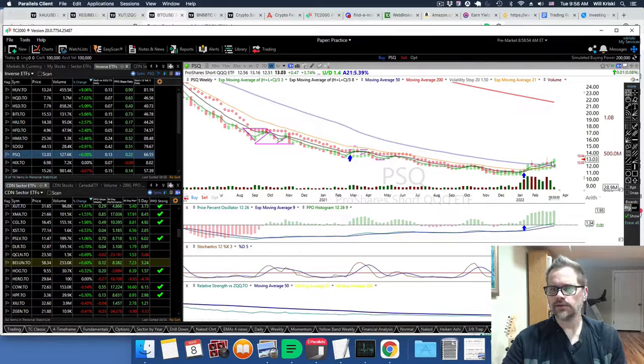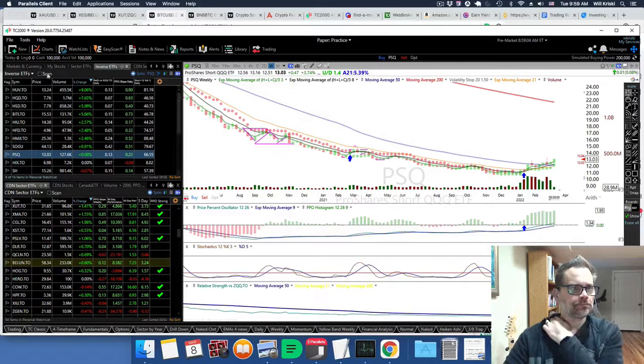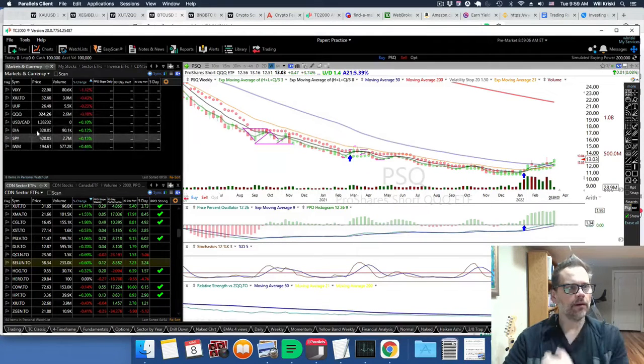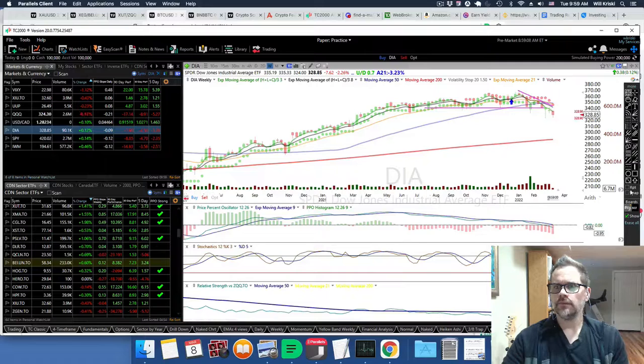It's come above the 50-week moving average, and this momentum is crossing up here. So that's one way to play it. If we go back, Dow Jones, let me just turn off the drawings, broke down below the 50-week. We got red dots. We're in a downtrend essentially.